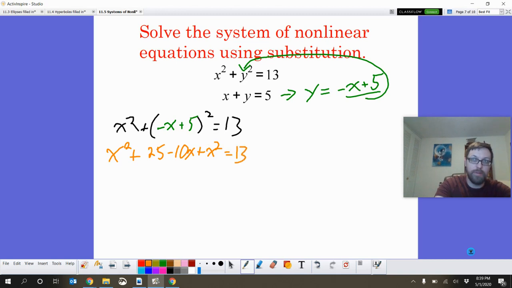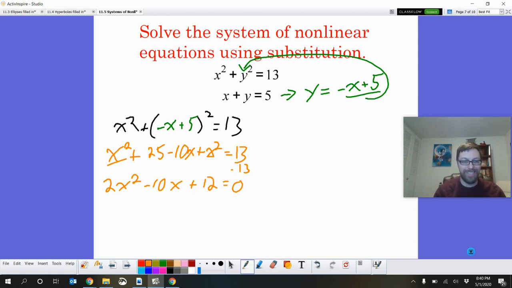Leave me alone. So when we square that binomial, we get 25 minus 10x plus x squared. It's just foiling. Then we want to combine like terms and get this thing equal to 0. So we'll subtract a 13, combine these two. So we get 2x squared minus 10x plus 12 equals 0.